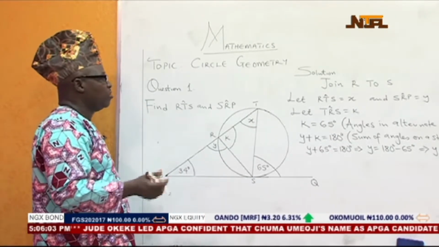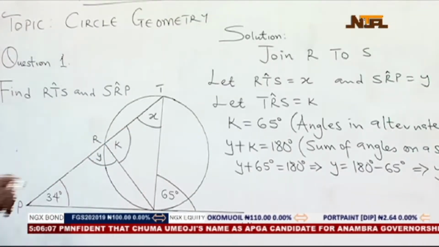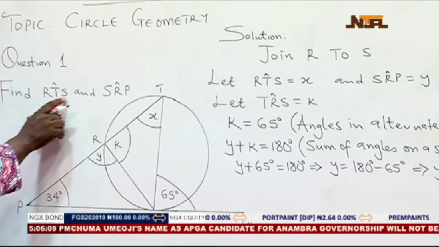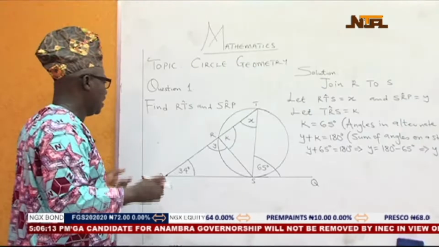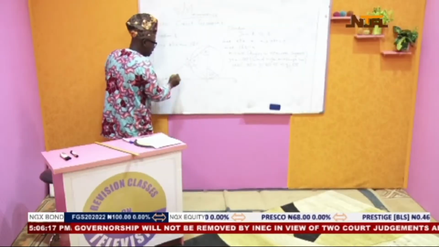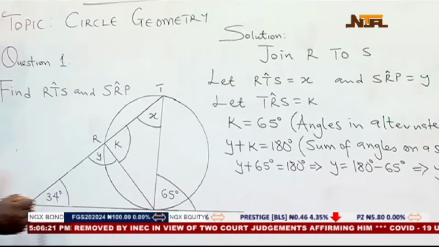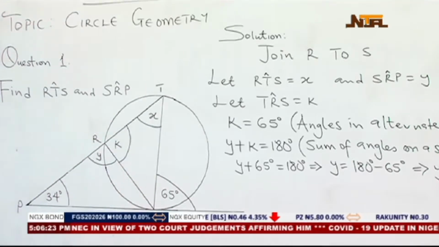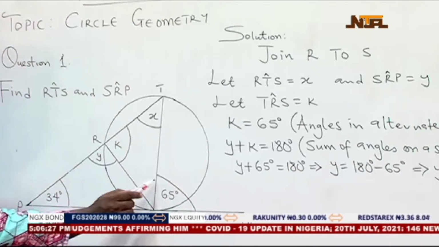The next thing we are looking for is the value of x, which stands for angle RTS. At this point, I'm going to look at the triangle TPS. That is this particular triangle here. Looking at that triangle, this is the exterior angle of the triangle.